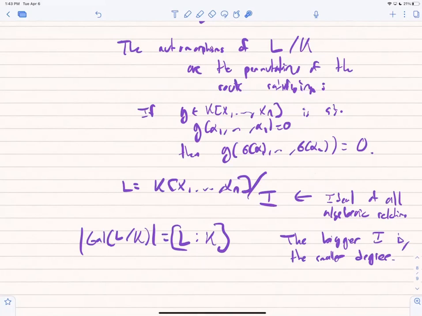And the reason I emphasize this is because I think this is probably closer to the original perspective of how people thought about these things and what question people were interested in. Some of the original motivation for Galois theory was trying to understand algebraic relations between roots of polynomials.